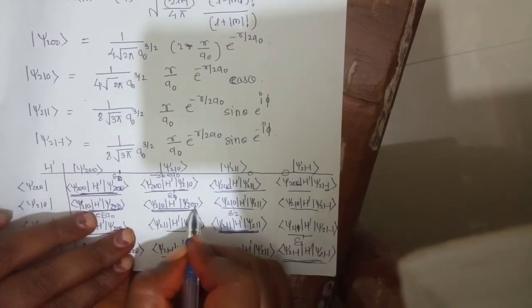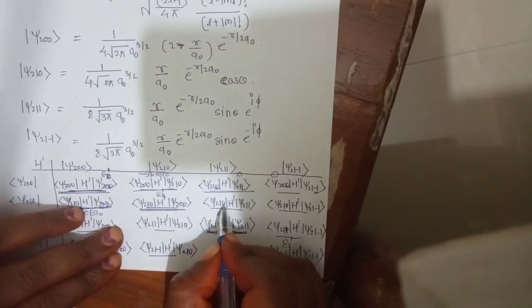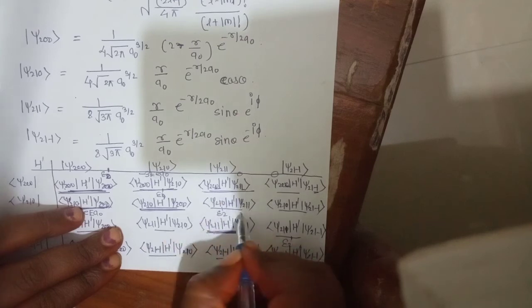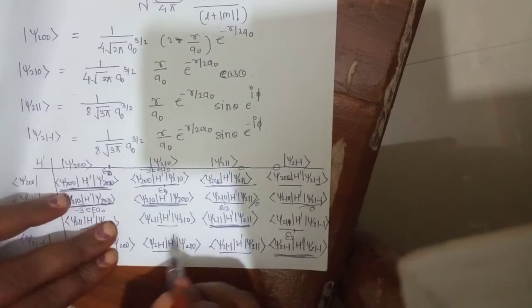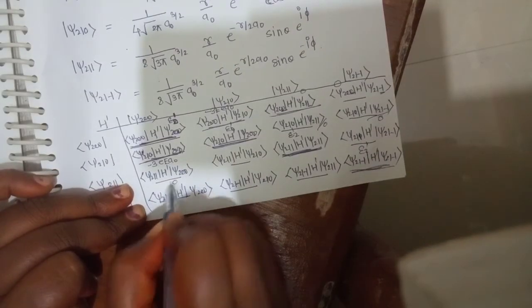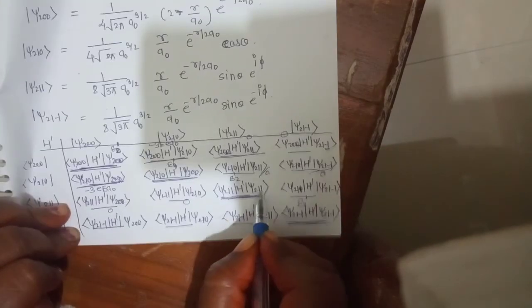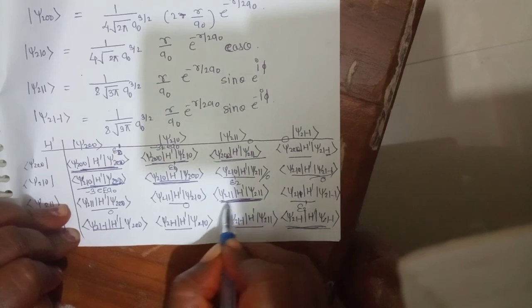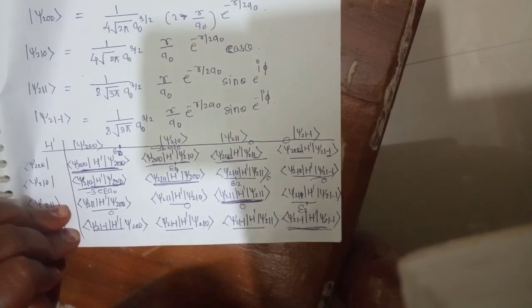Again it is first order correction, it is 0. Again m 0 1, this will become 0. Again 0 minus 1, this will become 0. Again 2 1 0, 0 1 0, 0 1 1, this is the first order correction. First order correction is 0, so we are writing 0 here.